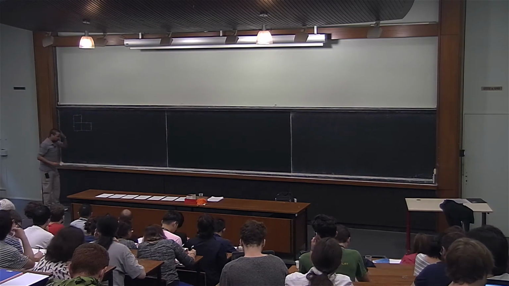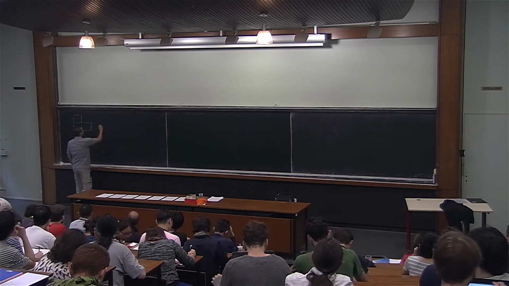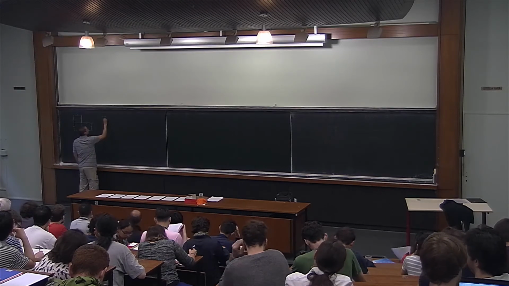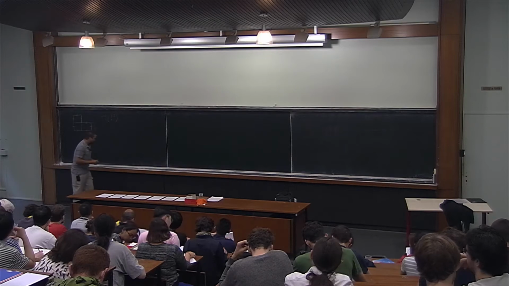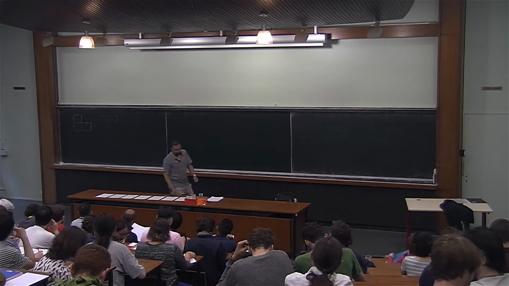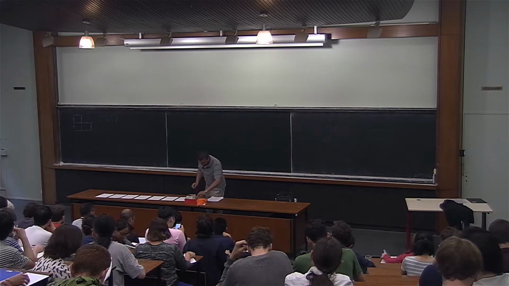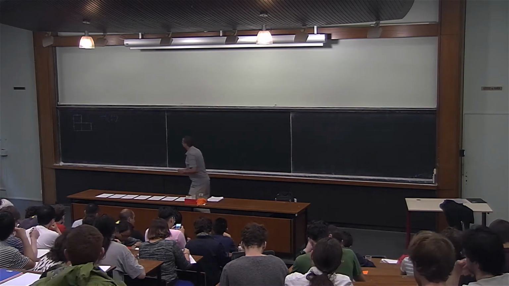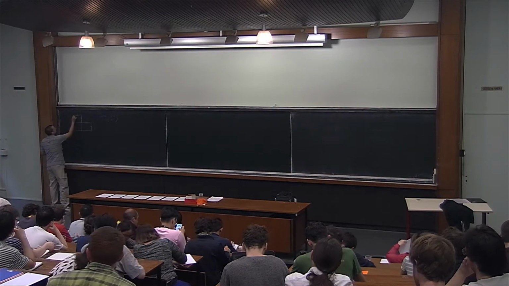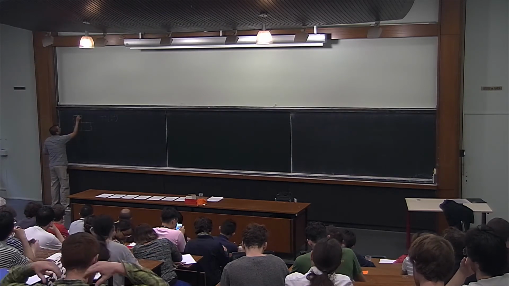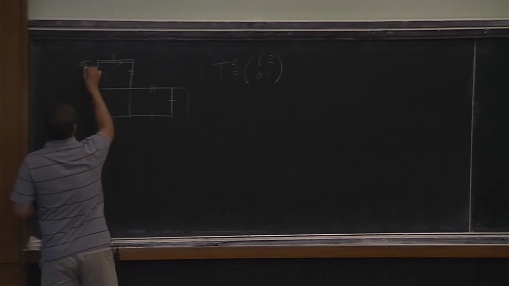And then we wanted to understand the action of this matrix here on homology. And for that, we selected a few cycles. So one of them was the cycle here. I called it sigma 1.